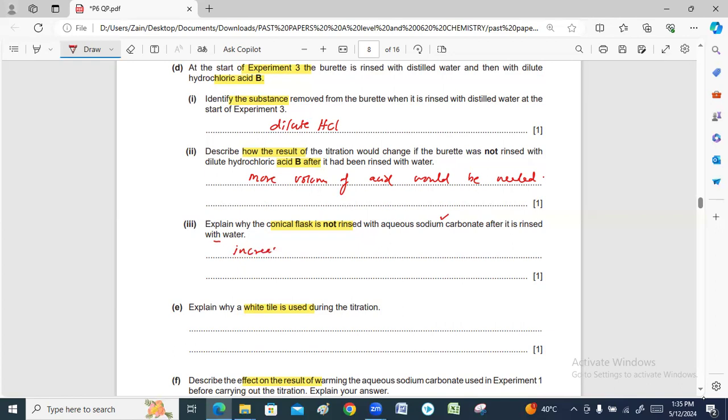So that actually increases the volume of aqueous solution of sodium carbonate, and the volume of HCl or titre required would also increase.